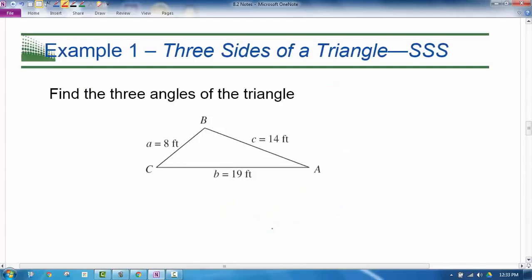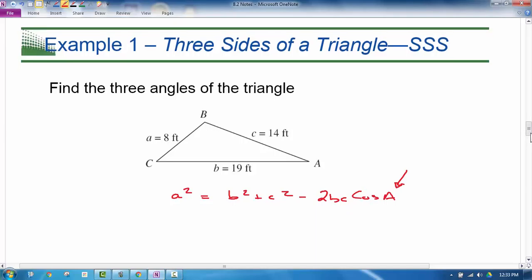So here's an example where we're given all three sides, and it wants us to find all three angles. I'll use any one of these formulas, it doesn't matter. I'll use this one, a squared equals b squared plus c squared minus 2bc cosine of angle A, and I'll solve for A. I'll do this before I even plug it in, just to show you the algebra.